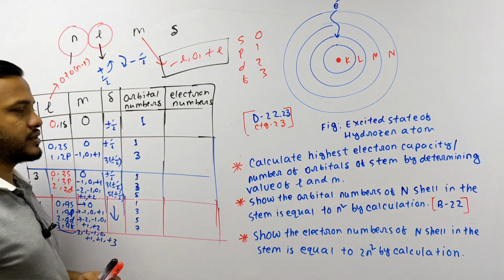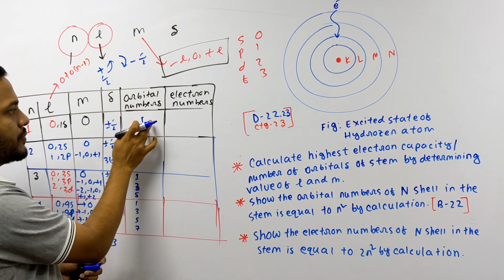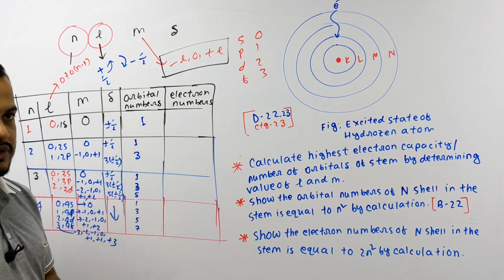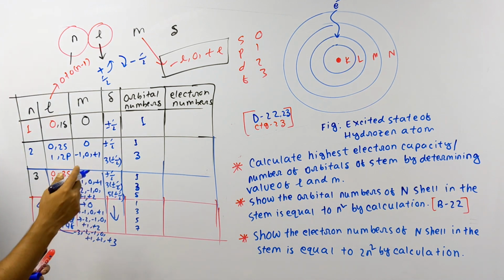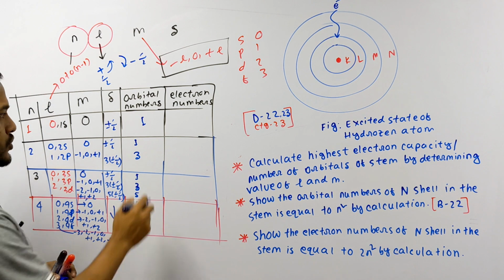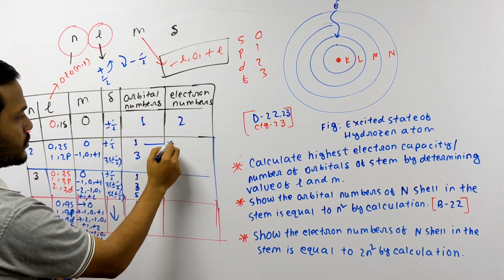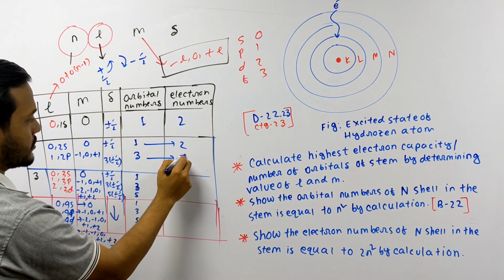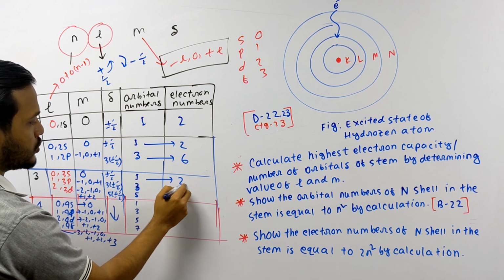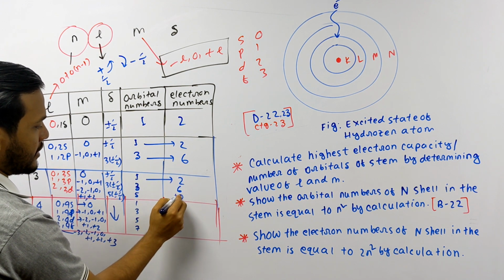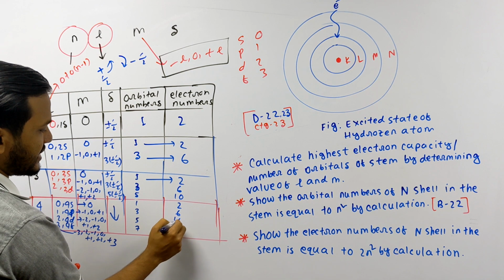Now, for electron numbers, one orbital can have a maximum of 2 electrons. That is why there are 2 electrons, 6 electrons, 10, 14, so 2, 6, 10, 14.